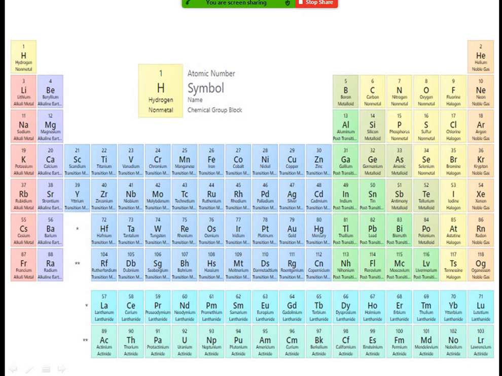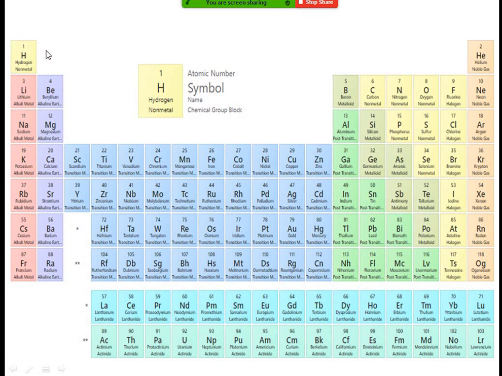This picture shows that hydrogen is the first element having atomic number 1, then helium, lithium, beryllium, and so on, and it moves up to the 7th period, which ends in the noble gas.